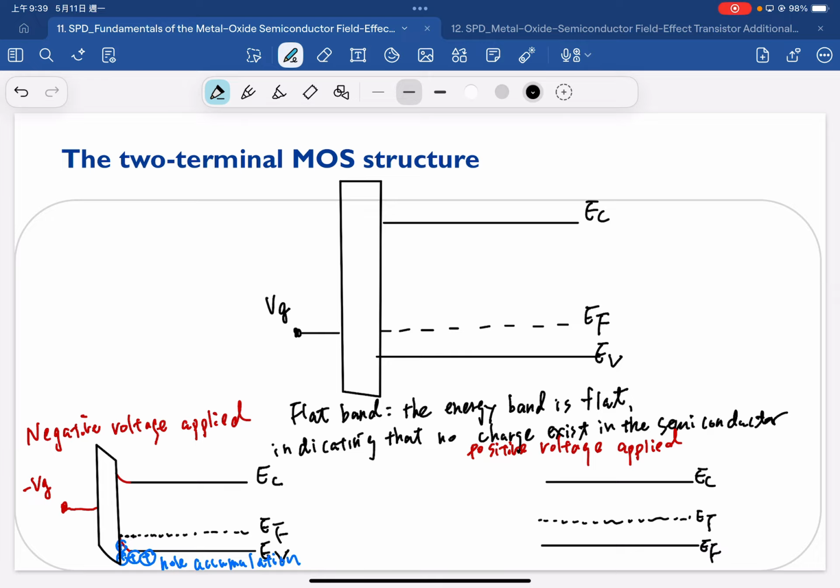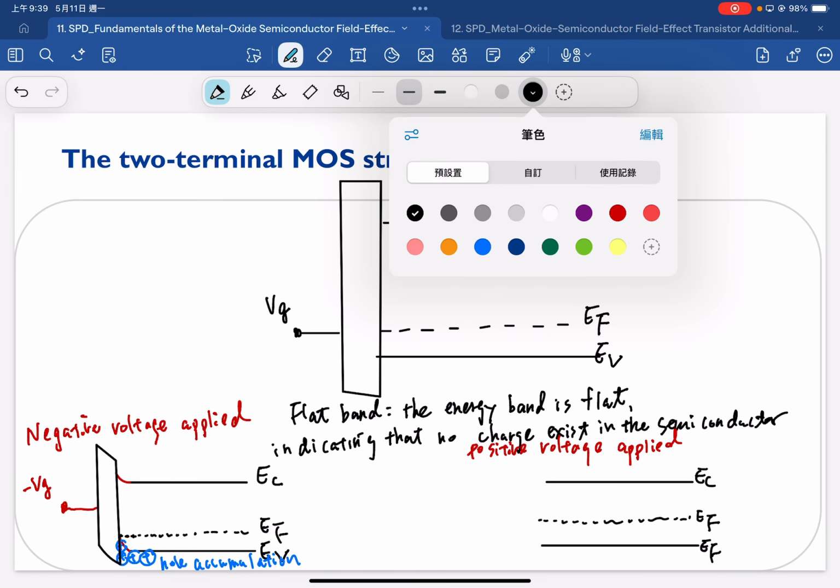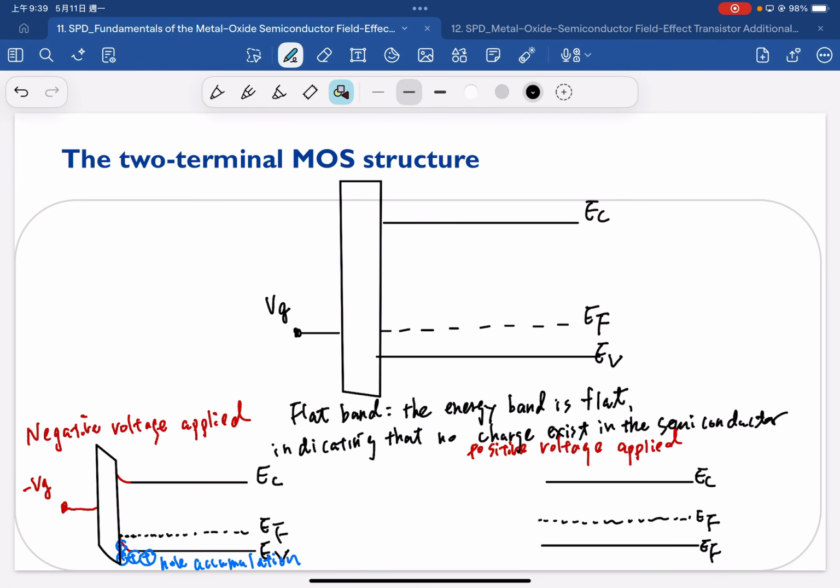Once we apply the positive bias in the band diagram analysis, it means we will have a lower voltage compared to the Fermi energy, so now we try to pull the band diagram downward.